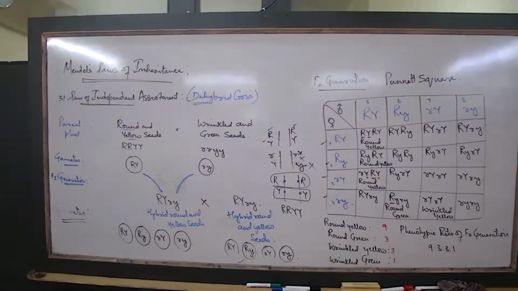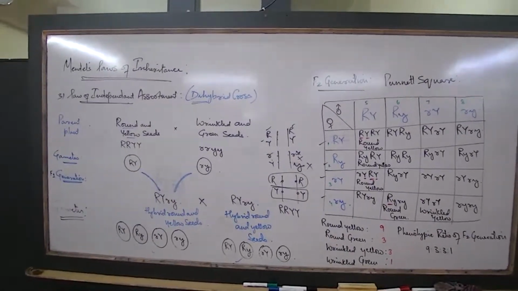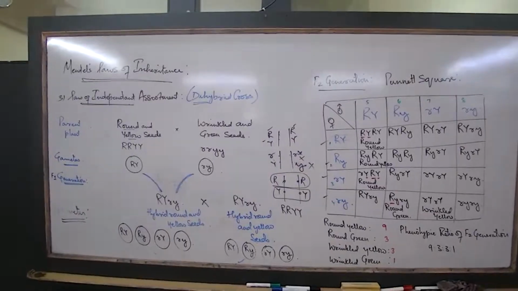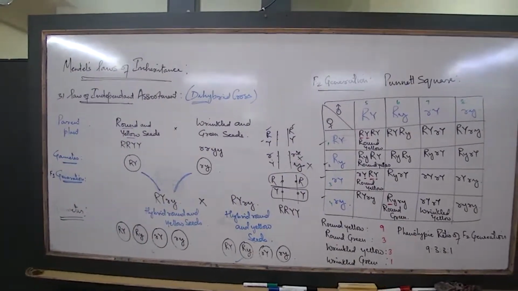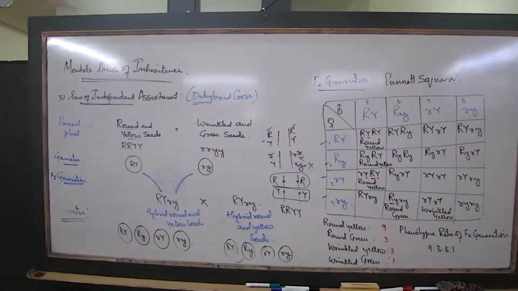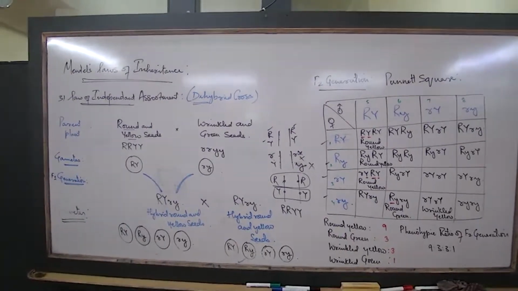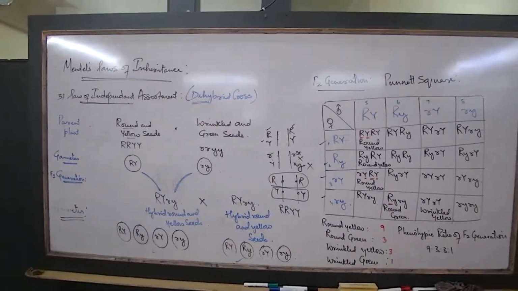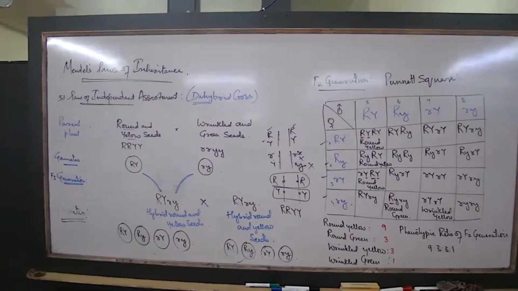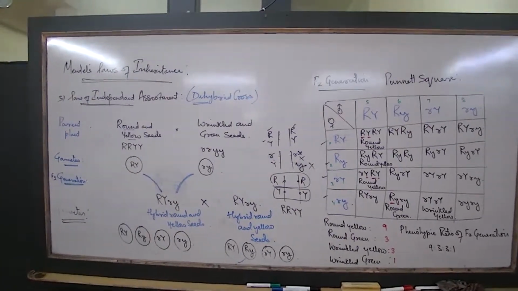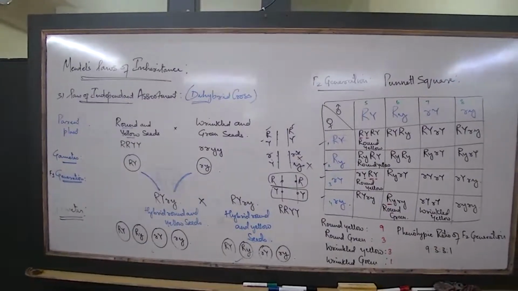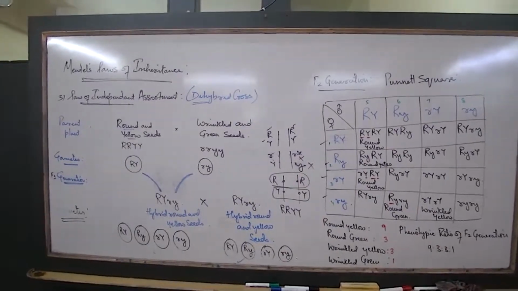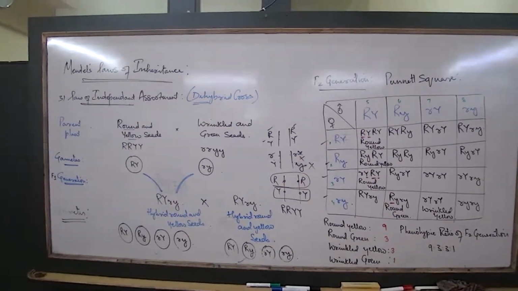The F1 plants are selfed, F-S-E-L-F-E-D. Self pollination. F1 plants are selfed to obtain 16 F2 plants. 16 F2 plants. Full stop. This is just the introduction that is there for your question.